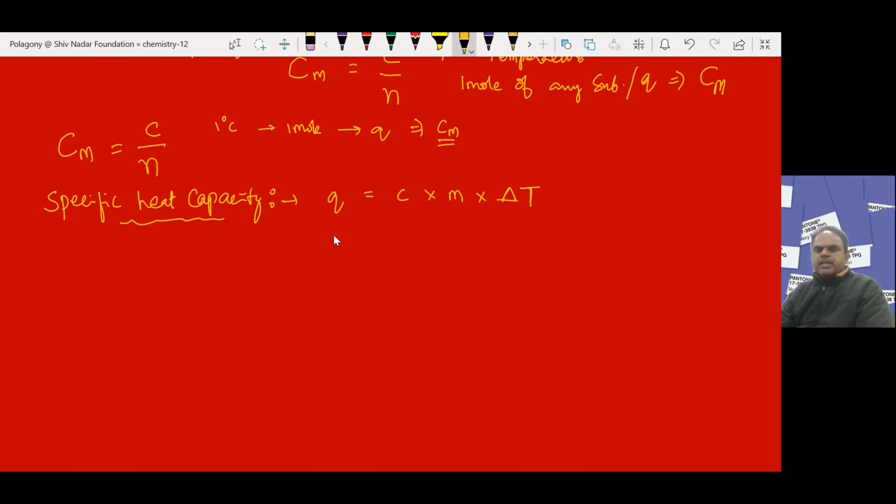So what is the specific heat capacity of a substance? The heat required for raising the temperature by 1 degree Celsius, or 1 Kelvin, for 1 gram of any substance is called the specific heat capacity.